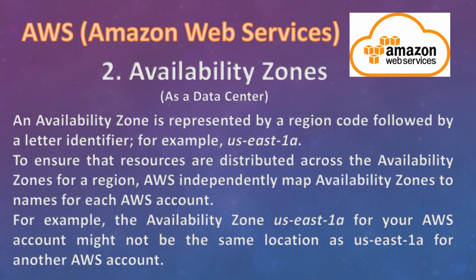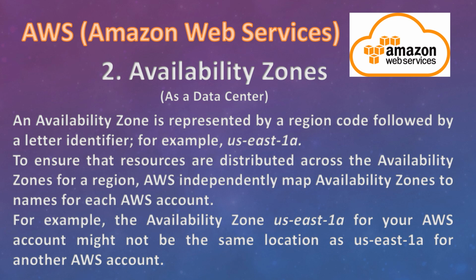An availability zone is represented by a region code followed by a letter identifier, for example, US East 1A. To ensure that resources are distributed across the availability zones for a region, AWS independently maps availability zones to names for each AWS account.